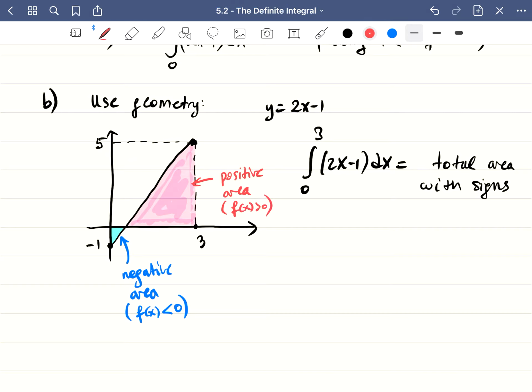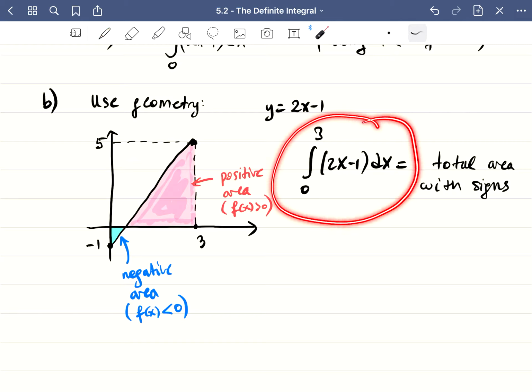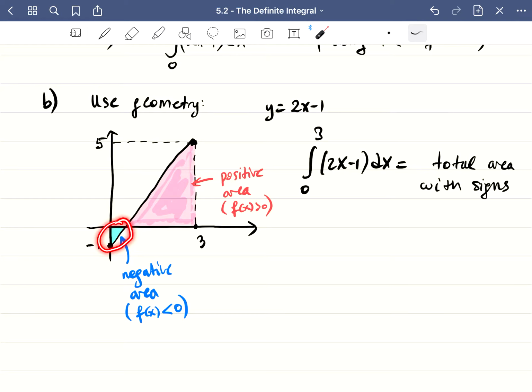So to find this area geometrically, we have to find this area here and put a negative sign, and this area here, and then add them together with signs. So this integral is equal to minus the blue area plus the pink area.